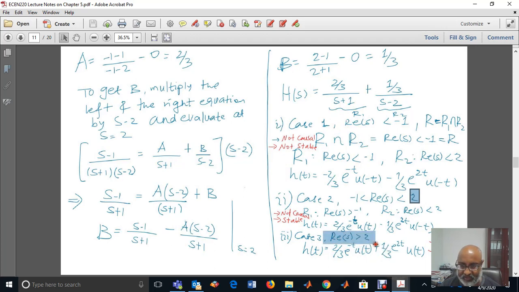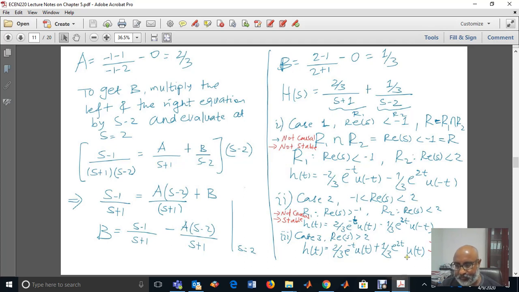So the first one is right-sided, and the second one is also right-sided. So for real of s greater than 2, I have right-sided signals in both cases: 2 over 3 e raised to minus t u(t) plus 1 over 3 e raised to 2t u(t).